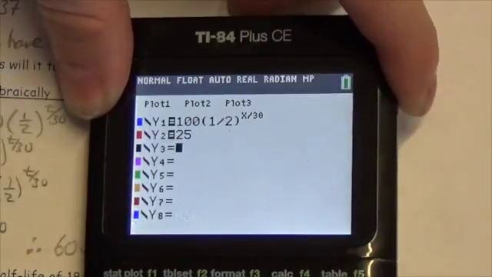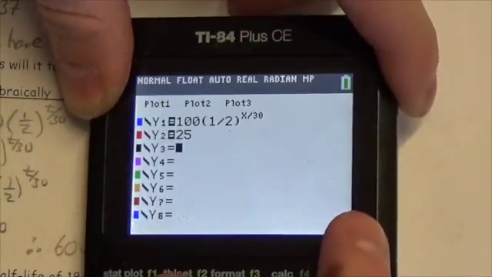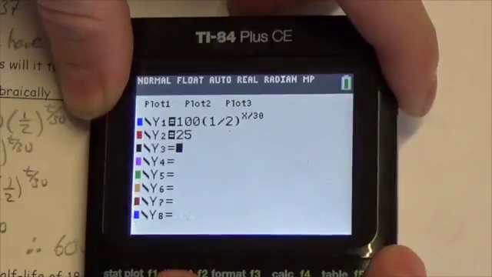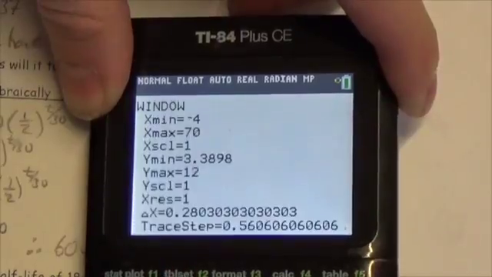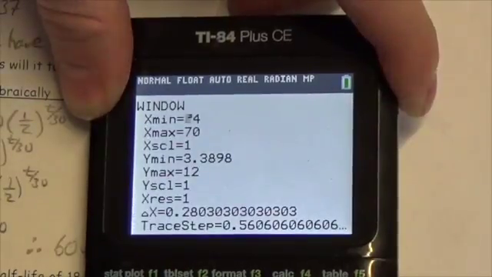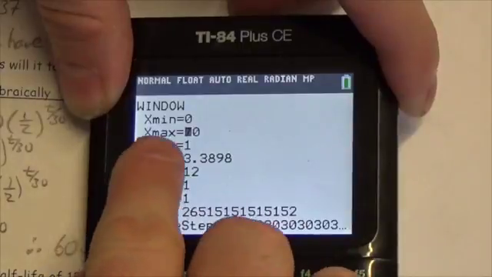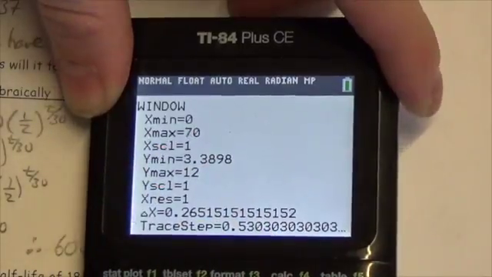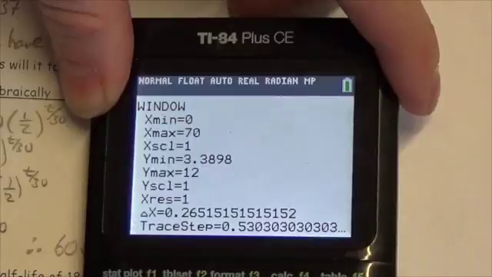Now, I can already tell you that my window settings are not going to match this. So what we want here is my x-min. It doesn't make sense to talk about negative time here, so 0 is probably the most likely minimum. Now, based on what I just did algebraically, I know that 70 should be a good number for the maximum, so I'm going to leave that.